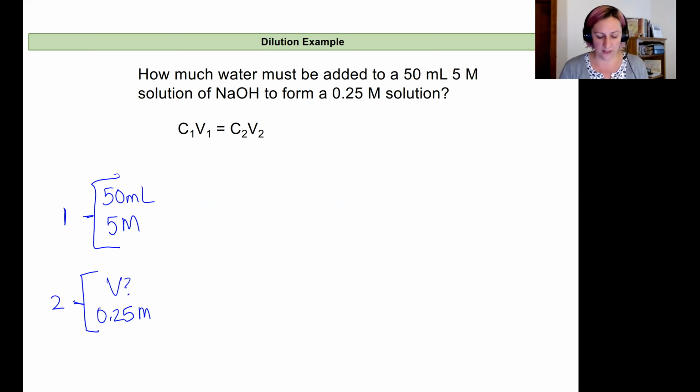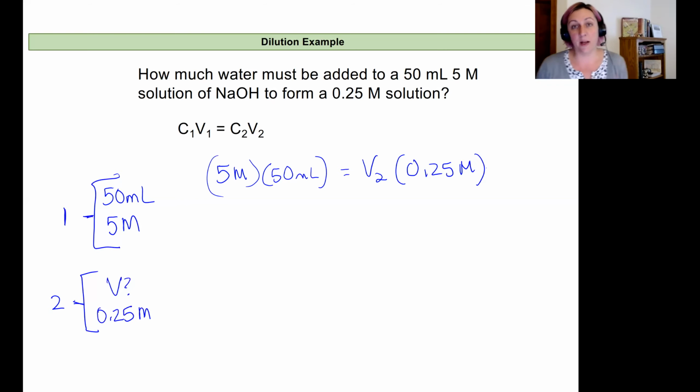C1V1: my concentration is molarity, sorry. So I've got 5 molar, and I've got a volume of 50 milliliters. That's equal to some new volume, volume 2, times 0.25 molar.